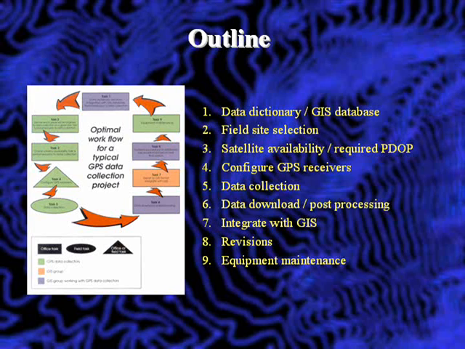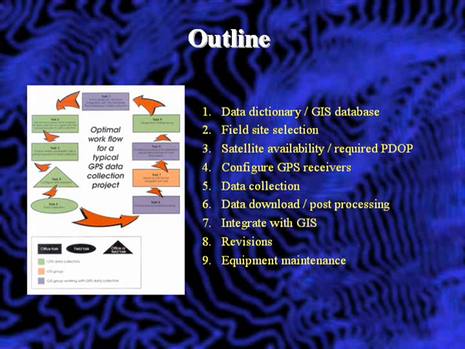Then satellite availability, required PDOP settings that you might have. Consider elevation masks, consider times when you actually have a PDOP that is not suitable to you. Use the almanac for that. You know what the almanac is? It's basically all the positions of the satellites at a specific time.